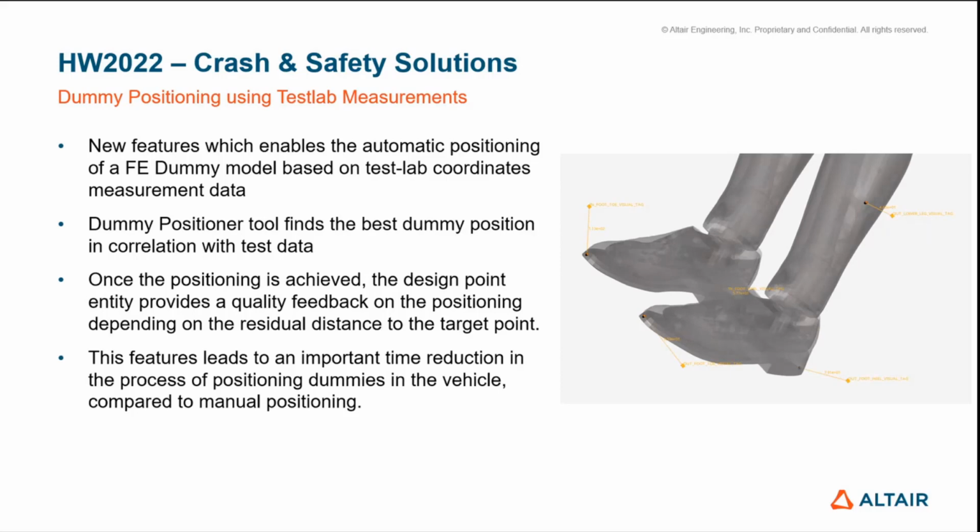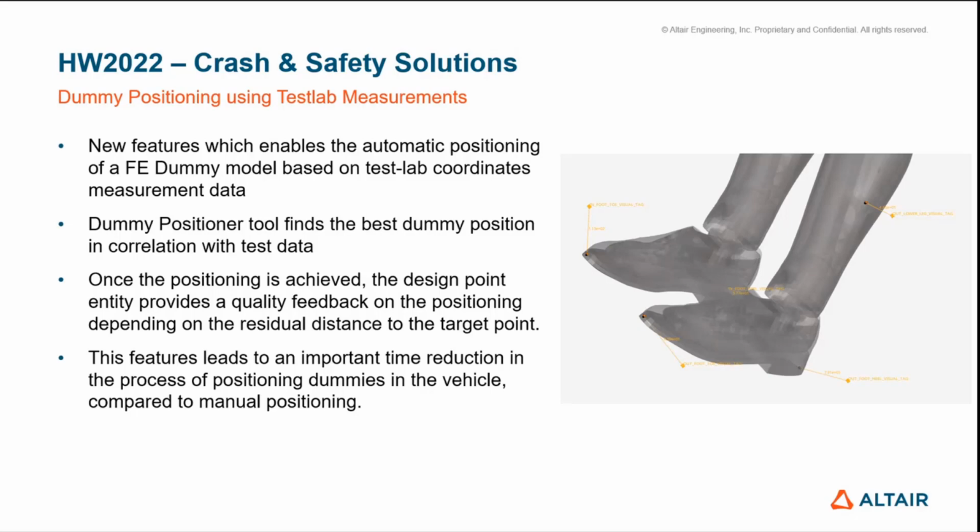So here what we have done is we have developed a tool where the user is able to import directly the test lab measurements information. We automatically create like that target points on the dummy and their corresponding target in the space to be reached.